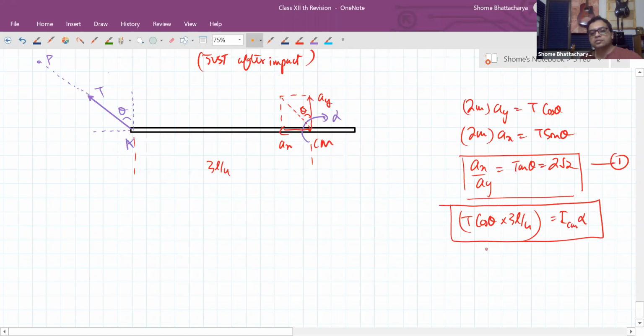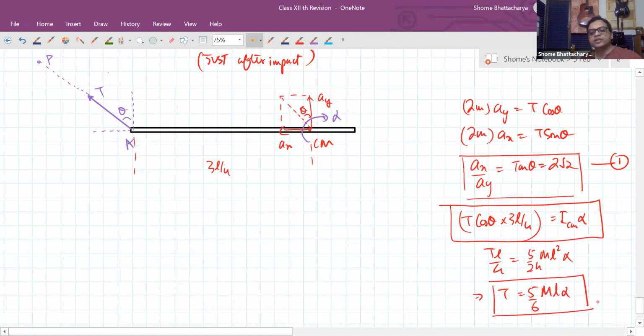Okay. So this will become TL by 4 is equal to 5 by 24 ml square alpha. So T will be 5 by 6 m into L alpha.